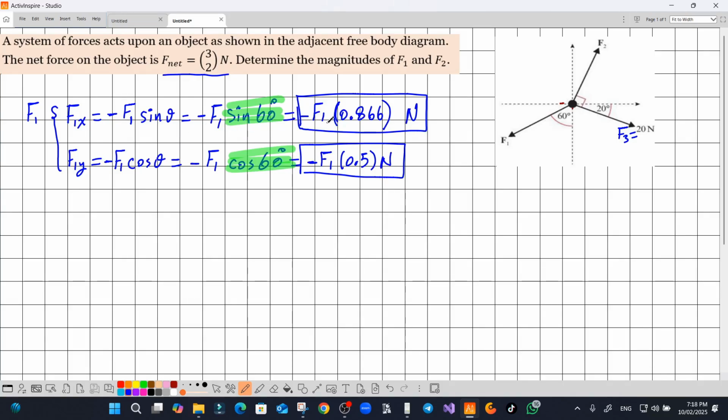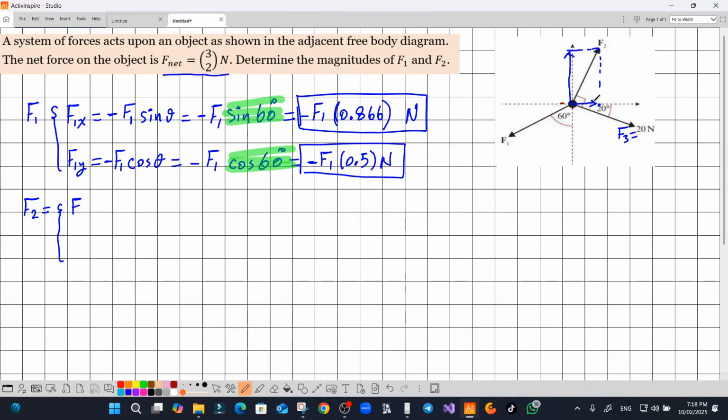So what do we have here now? We have the expression of F1x in terms of F1 and the given sine of the angle, as well as the y component in terms of F1 and the cosine of the angle. Now we're going to repeat the same thing for F2. Again, F2 doesn't align along one of the axes, so we must break it down, which means we're going to project F2 along the x-axis and along the y-axis, like here and there.